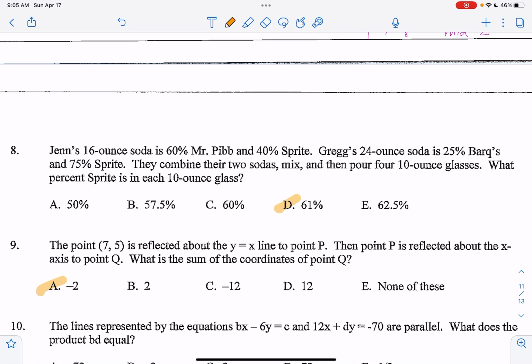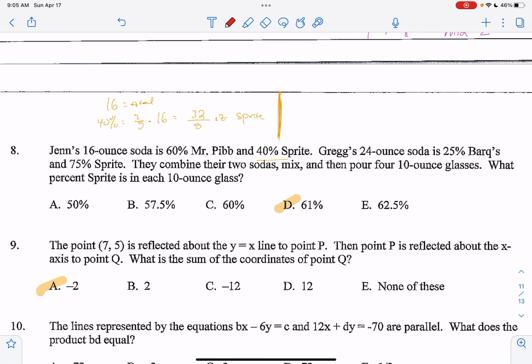So here you can figure out for Jen, it's 60% Mr. Pibb and 40% Sprite. So out of the 16, which is the total, you want the Sprite, and the Sprite is 40%. And 40% is 2 fifths, so 2 fifths times 16 will be 32 over 5 ounces of Sprite.